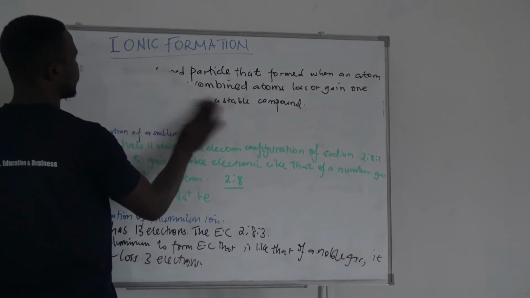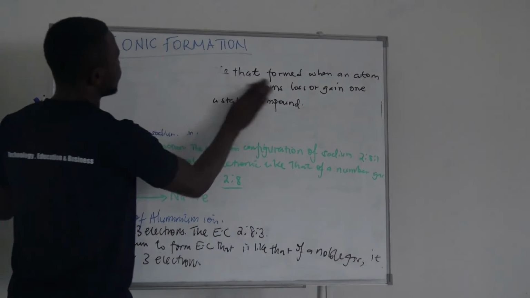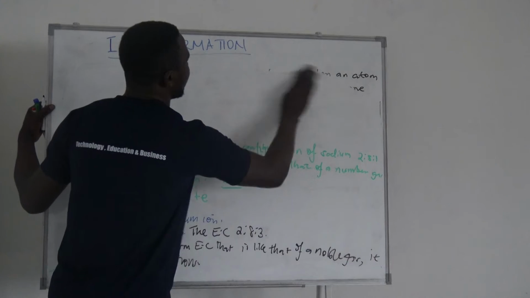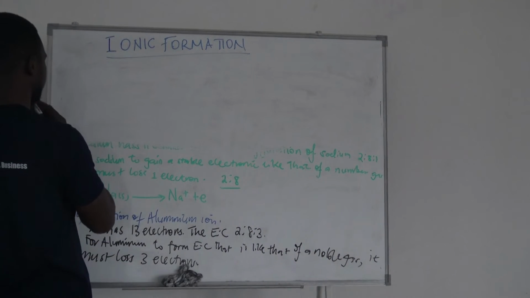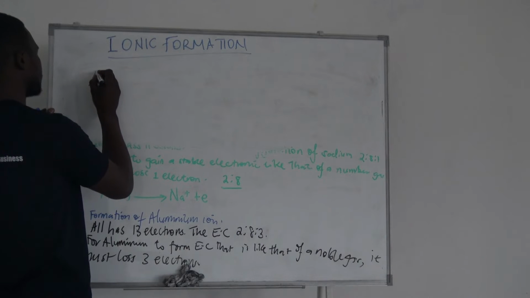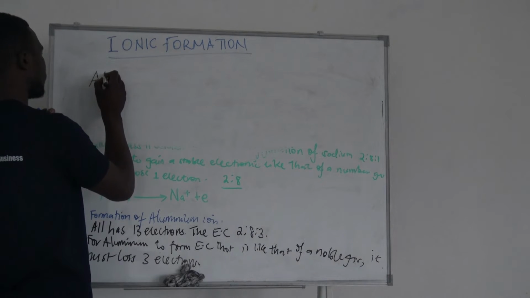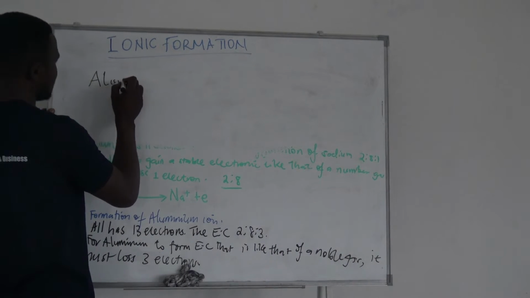Now, we are going to see how the ion of aluminium behaves. This is the chemical symbol for aluminium.